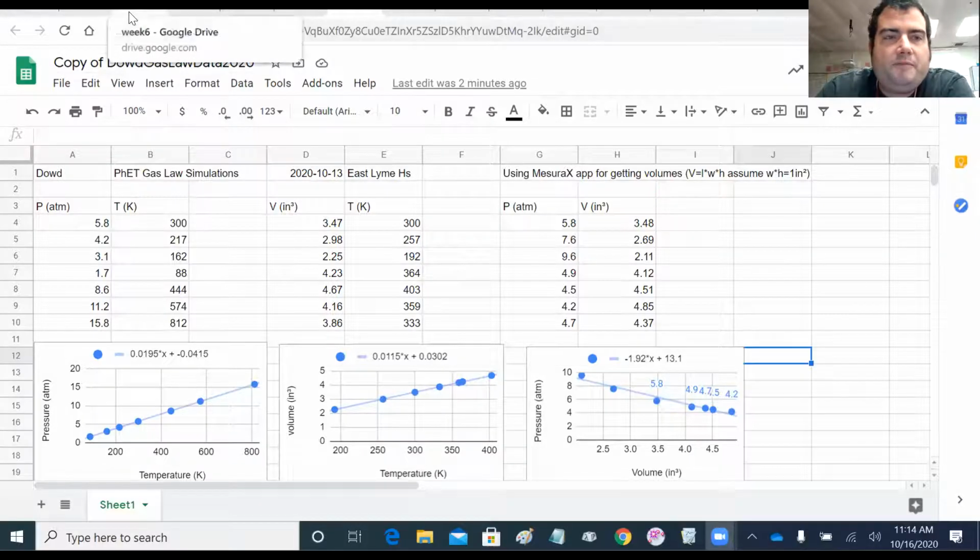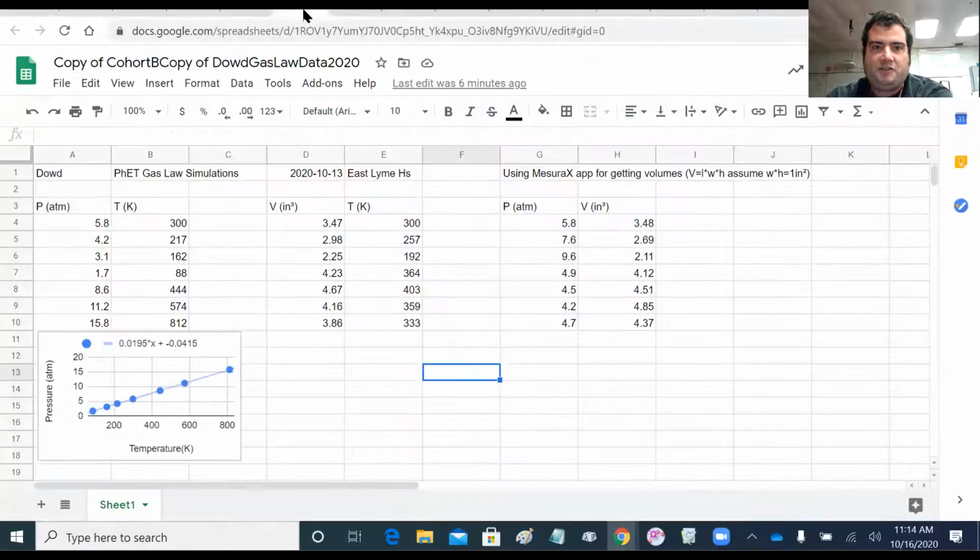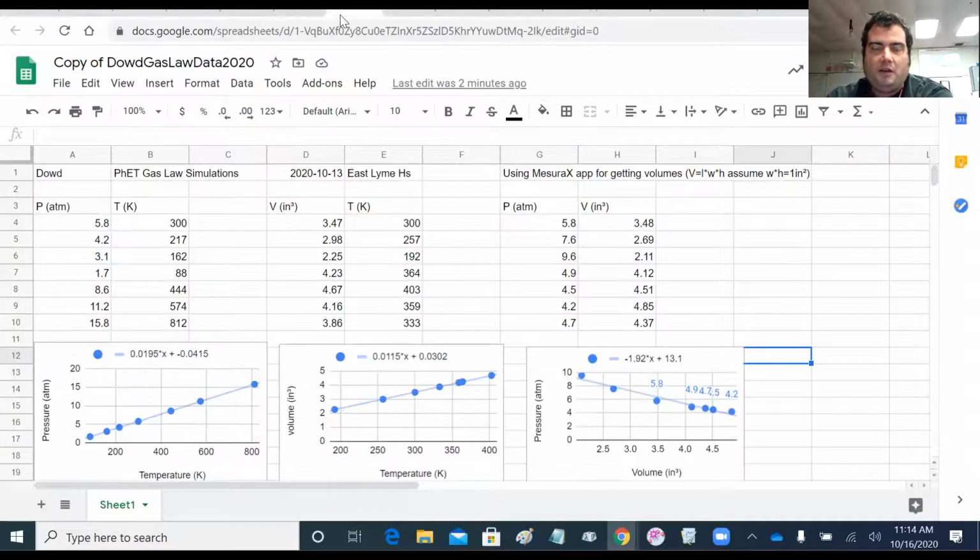So on the original sheet I gave people, I had all these extra columns here. And if you were going to do this by hand, what you would do is you would do 1 divided by your first volume, right here. 1 divided by your second volume, 1 divided by your third volume. That's a massive pain. And I wouldn't actually ask students to do that by hand on anything other than a test.